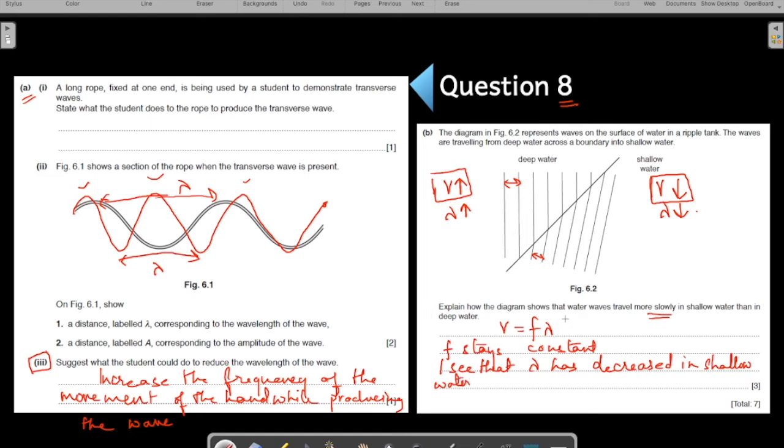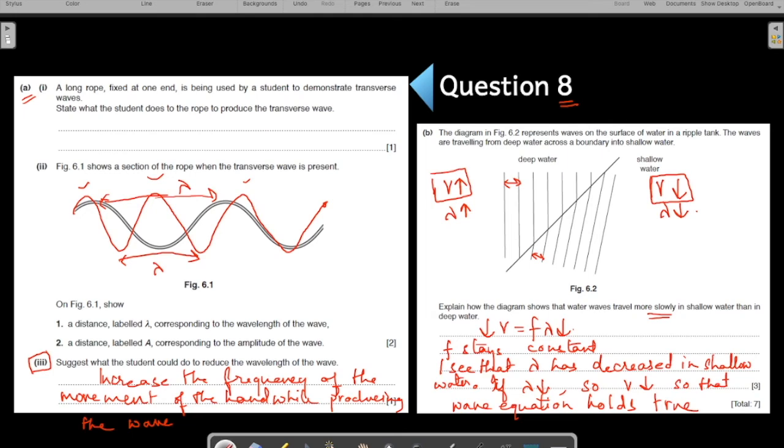So what happens? If the lambda is going down, the speed has to go down so that the wave equation holds true. So in the last statement you'll write the full statement: if lambda goes down, v will have to go down so that the wave equation holds true.